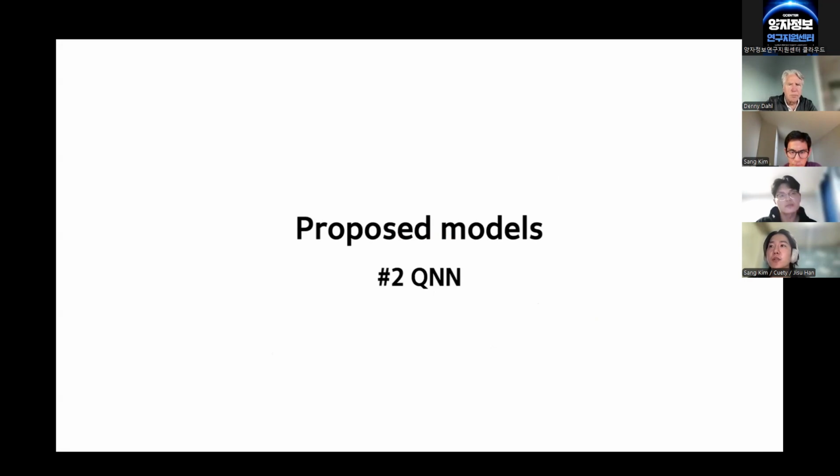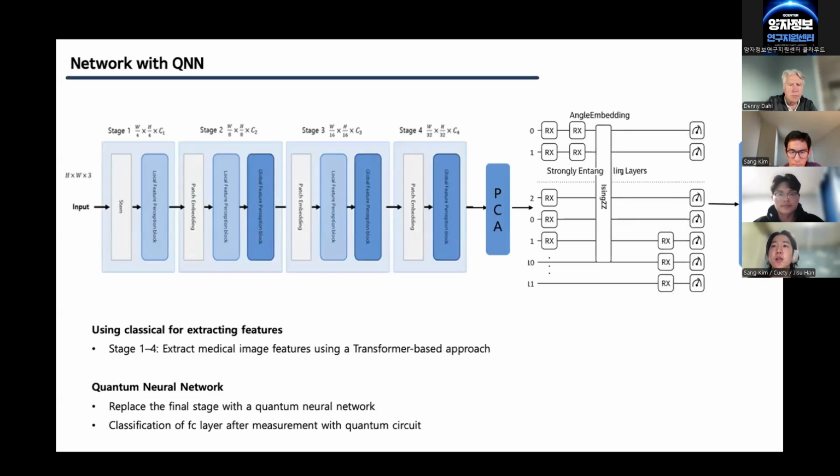In this approach, we aim to enable end-to-end learning by incorporating a hybrid quantum neural network. As mentioned earlier, we kept the same feature extraction process and quantum circuit design. However, in this model, we attempt to perform the final classification using a fully connected layer.